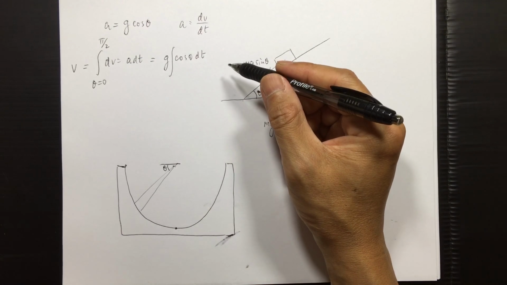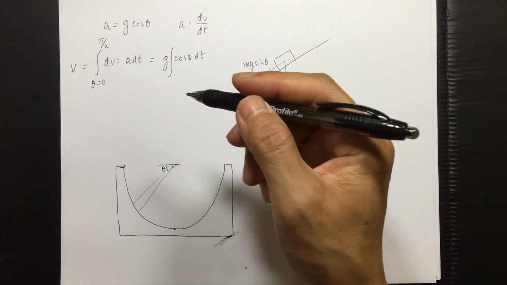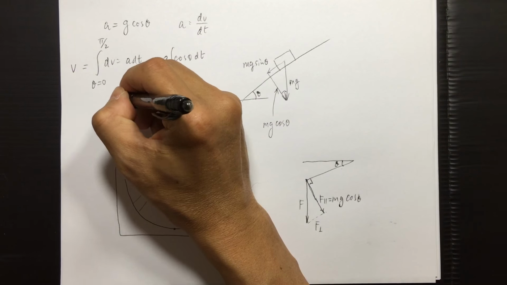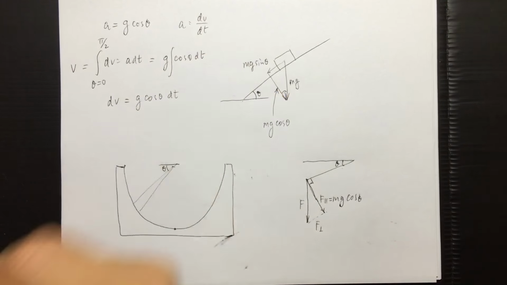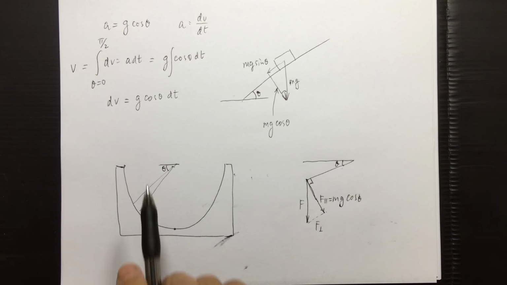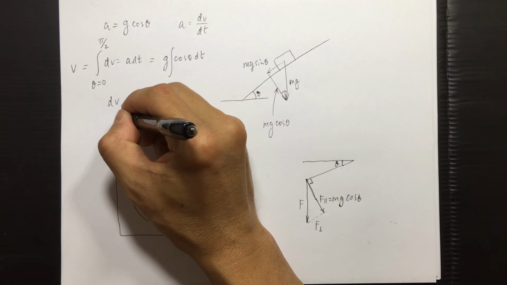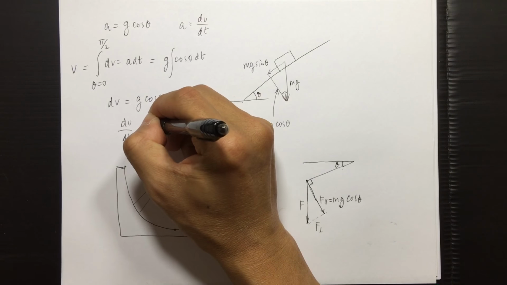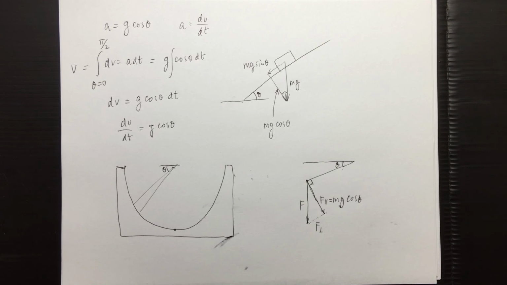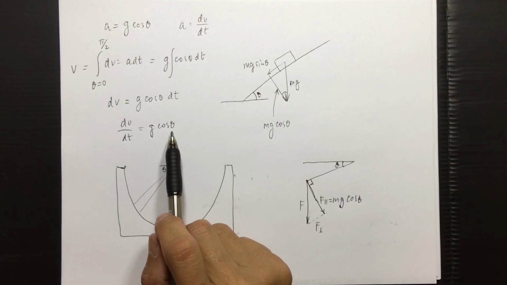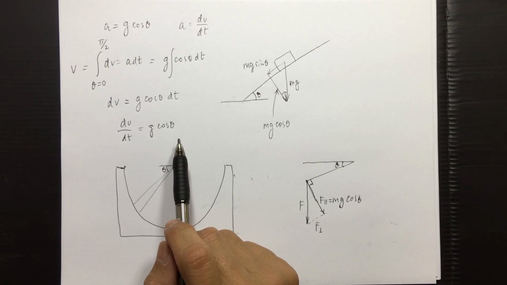We don't like dt's, we like ds. Wait a minute, let's not do this that fast. Actually, I'm doing this the wrong way. Let's go back. dv dt equals g cosine theta. We want to integrate this against theta, and that's distance, r d theta.